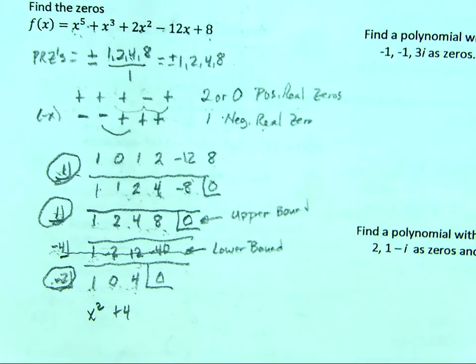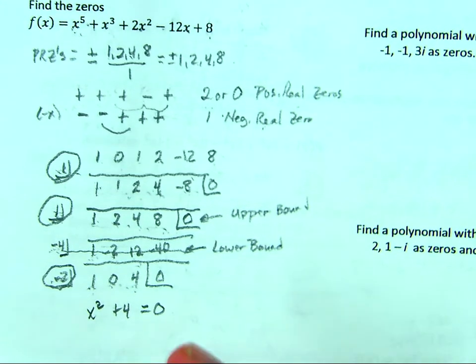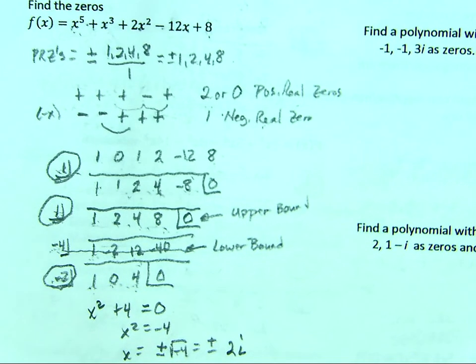We put our x's back in, we set that equal to 0 and solve that. If we move the 4 to the other side, we get x squared equals negative 4. If we square root both sides, we get x equals plus or minus the square root of negative 4, which is plus or minus the square root of 4, which is 2, and the square root of negative 1 is i, so that's plus or minus 2i.